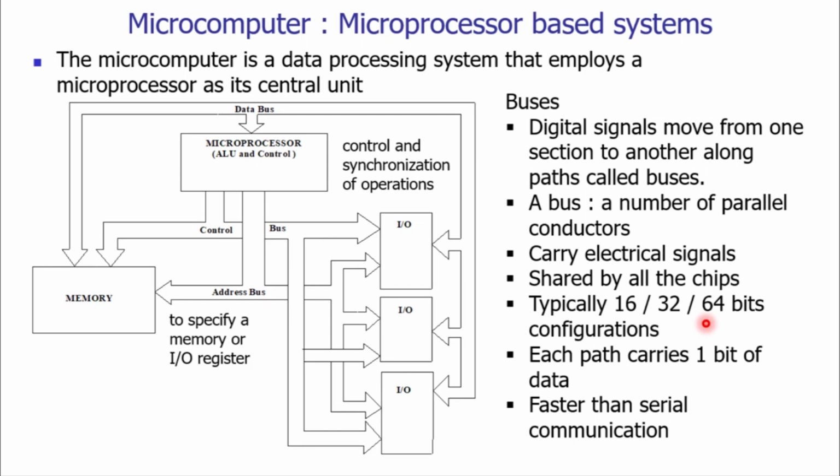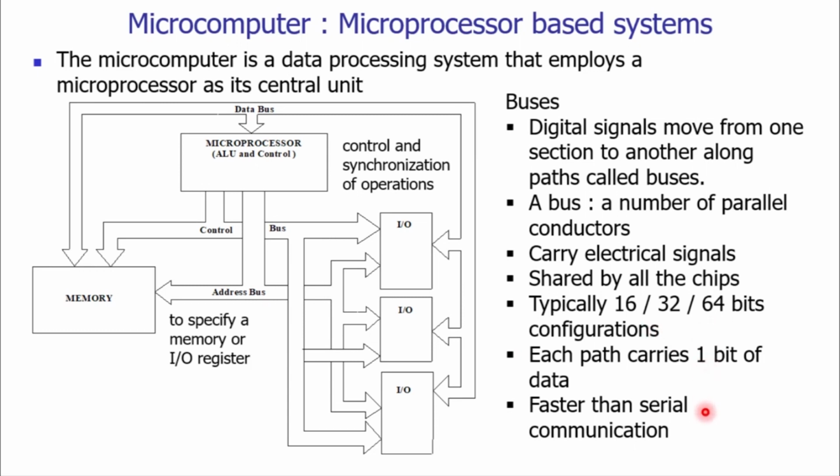The meaning is that we can handle 2 raised to power number of bits values by using these communication paths. If the number of bits are 16, that means we can handle 2 raised to power 16 types of values by using this communication path. So as the number of paths are more, we can have the faster communication.